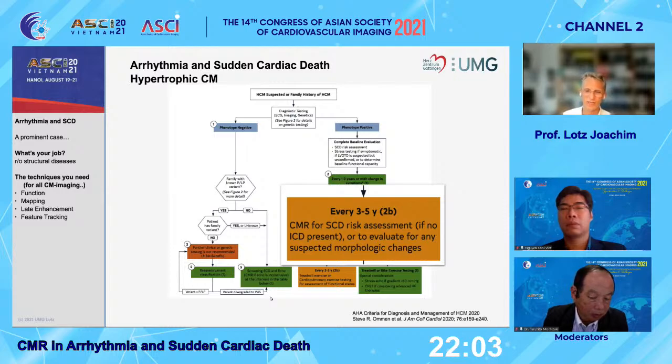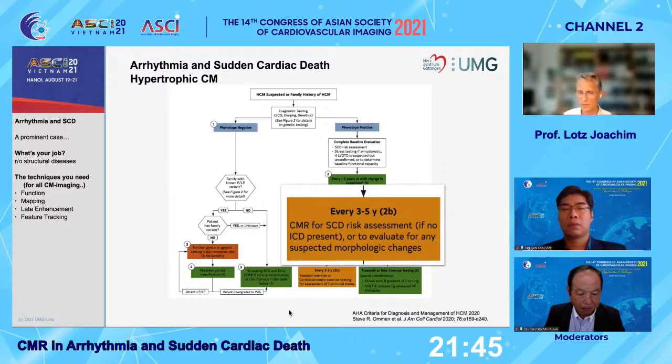What we also see is this little remark here, the screening ECG and echo for relatives. Not really symptomatic, but first degree relatives of patients who have a diagnosis of hypertrophic cardiomyopathy.